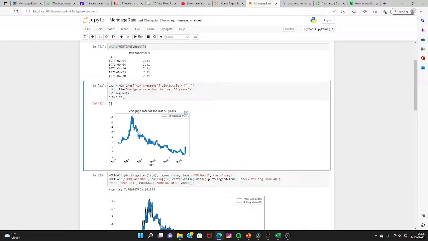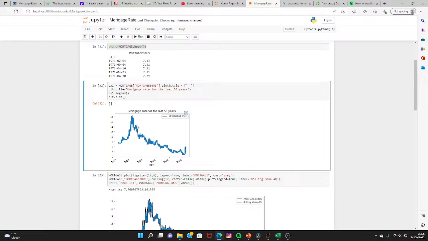So compared to what it used to be in the past, we're not in a period of very high mortgage rates, because the mortgage rate was quite low in the last decade or so. We feel that it has increased quite dramatically, but that's not the case actually. It used to be even higher, much higher in fact.